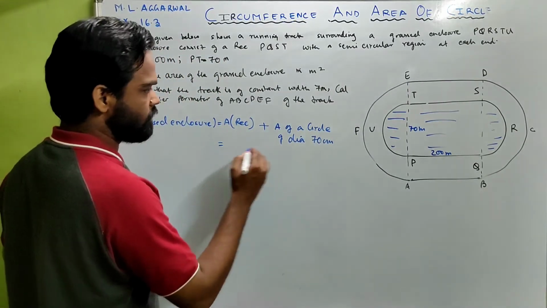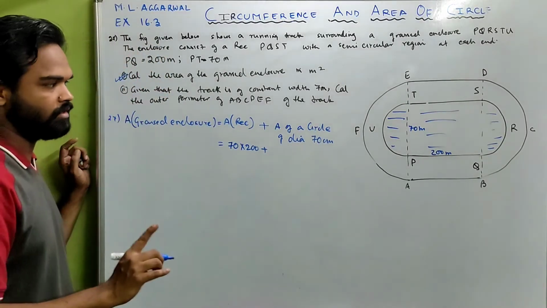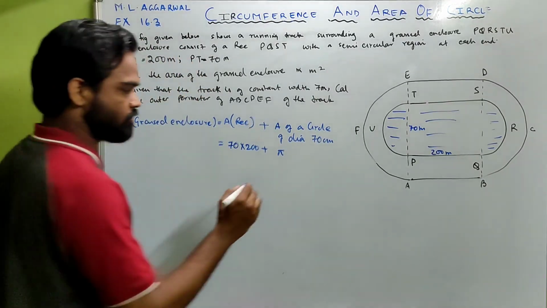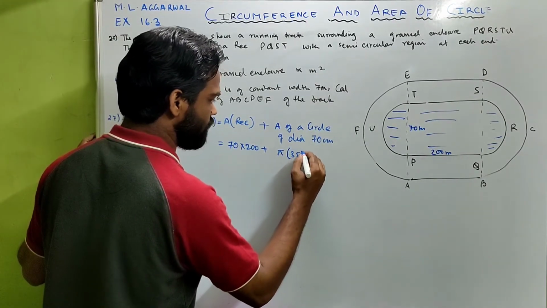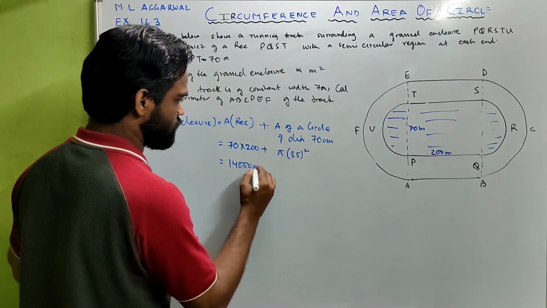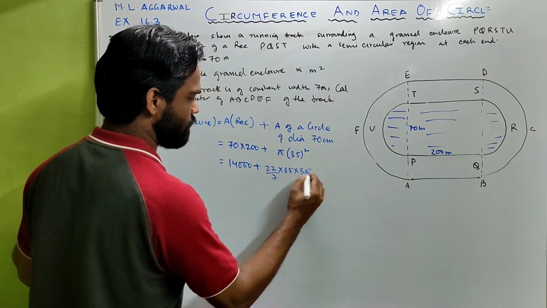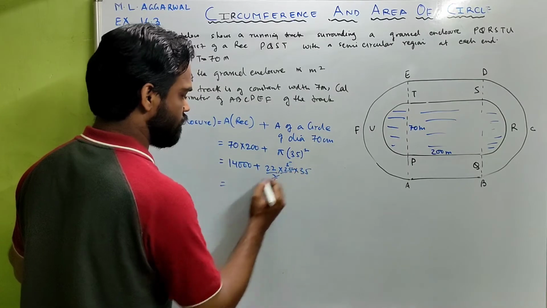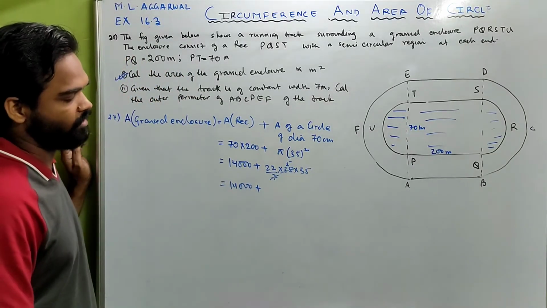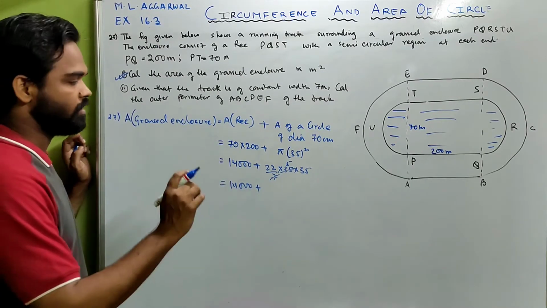So area of the rectangle is 70 multiplied by 200, that's 14,000, and area of the circle will be pi r square. Diameter is 70, so the radius will be 35. Am I correct? This is 22 by 7 multiplied by 35 multiplied by 35. 7 fives are 35, so this is 22 into 5, that's 110 multiplied by 35, that is 3850.